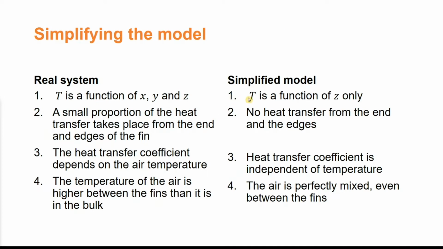We will assume that T is a function of z only. Since the largest surfaces are the top and the bottom ones, we can neglect the small amount of surface on the sides of the fin.